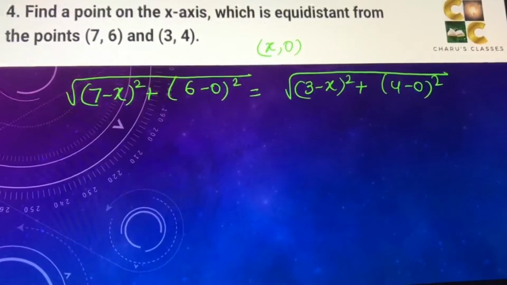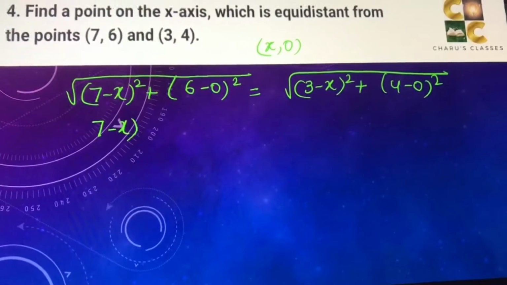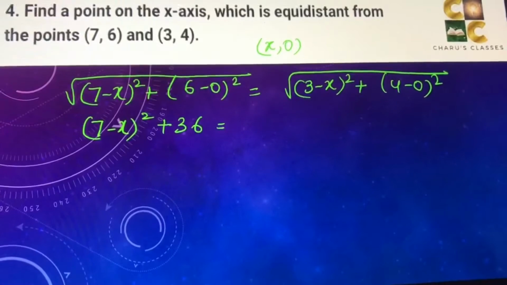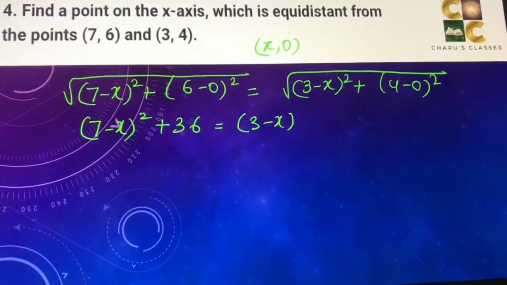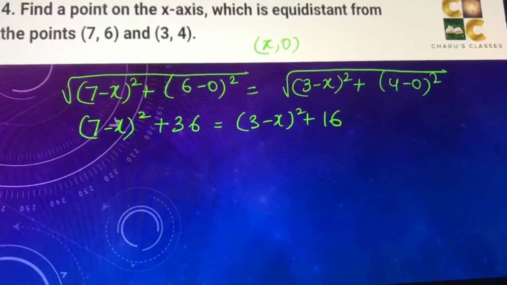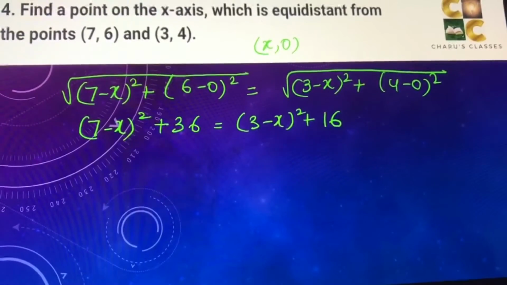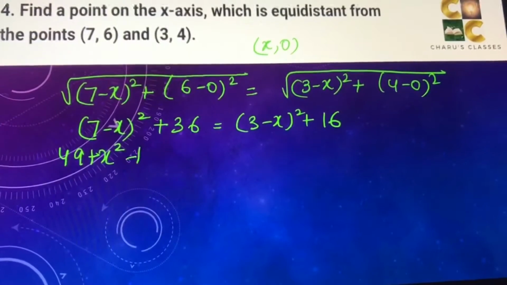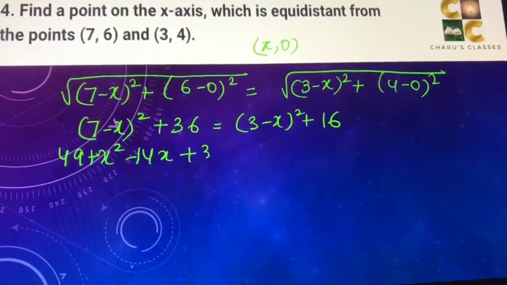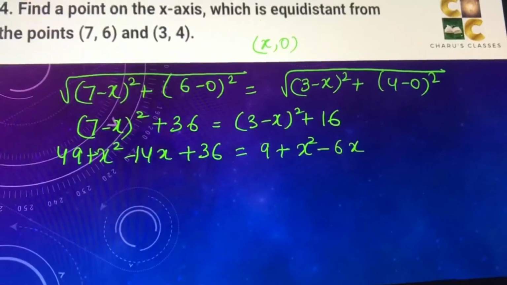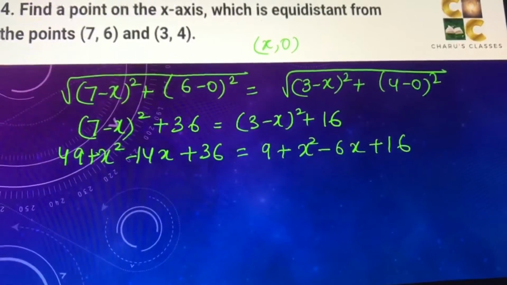Squaring both sides, we will have 7 minus x whole square plus 36 is equal to 3 minus x whole square plus 16. So using a minus b whole square identity here, we will have 49 plus x square minus 14x plus 36 is equal to 9 plus x square minus 6x plus 16.